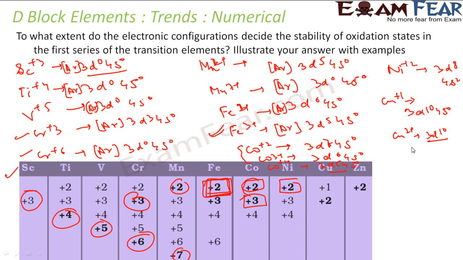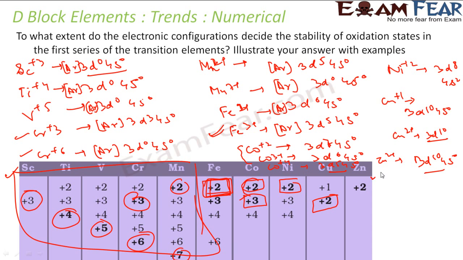So up till this part, yes, electronic configuration governs the stability of oxidation state, but iron +2, cobalt +2, cobalt +3, nickel +2, in fact copper +2, these don't follow. In fact, zinc +2 follows. Zinc +2, if you see the electronic configuration, it will be 3d10 4s0. It follows.